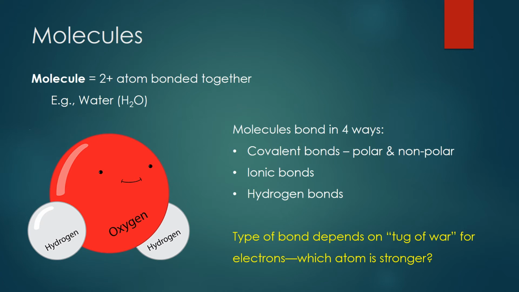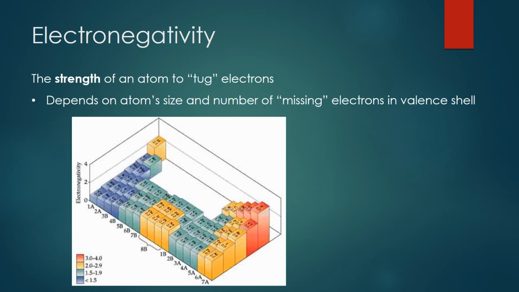It depends on if the atoms have a similar strength in this tug of war. So let me explain more what I mean by this. The term used for the strength of an atom to tug on electrons when bonded is called electronegativity, and it depends on the atom's size and the number of missing electrons in its valence shell.